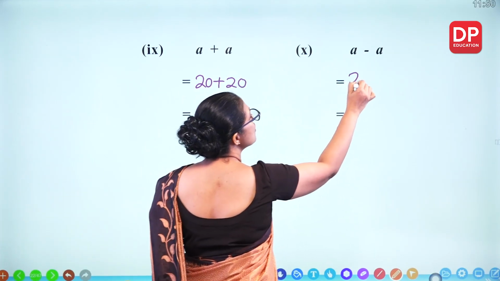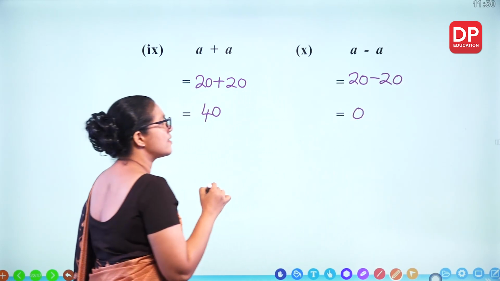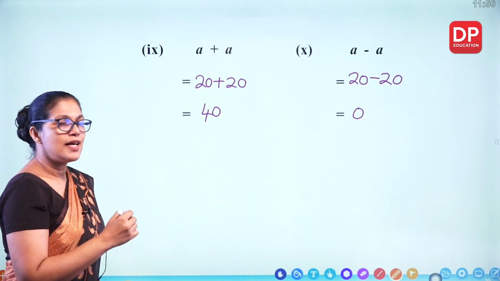A is 20, 20 minus 20, you get 0. So you know how to substitute values for the unknown term.